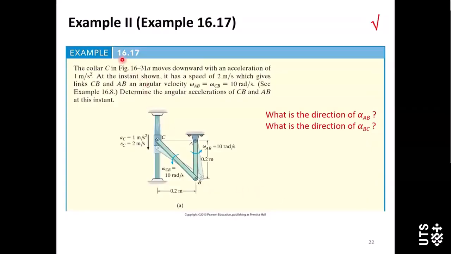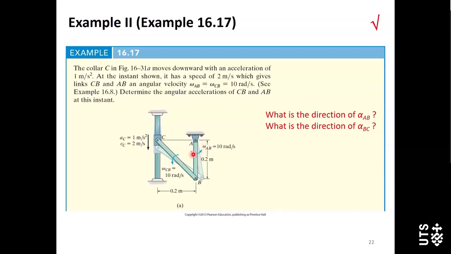In the second example here, we have rod AB undergoing rotation about a fixed axis through point A. We know its angular velocity, omega AB.